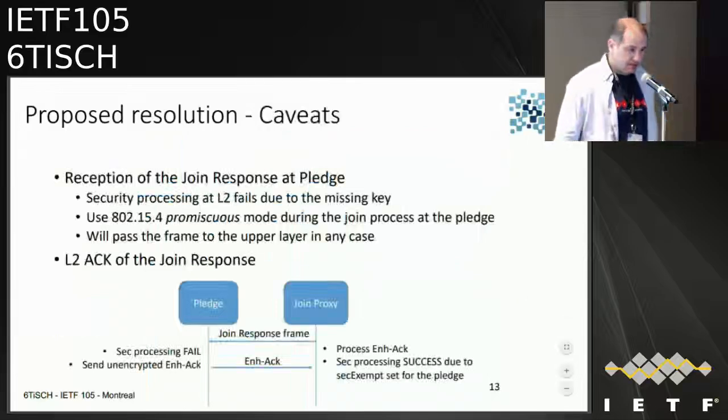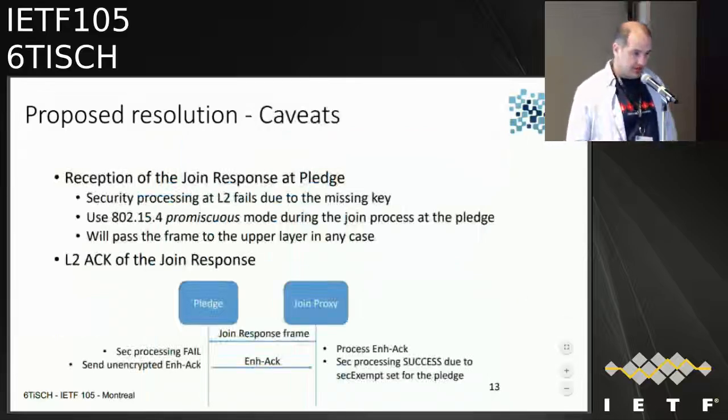So there are a couple of caveats with this approach. First off, it is a bit tricky, implementation-wise, to process the frame that has the security level bit set, but the security processing fails, especially because this frame is unicast.